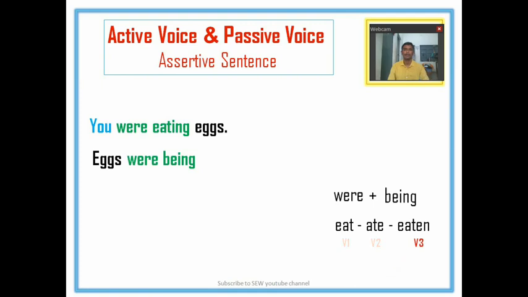So the V3 form is eaten. Next, the preposition by should be written. So by. Next, what is the subject here? You is the subject, and the object pronoun of you is you only. So you. So eggs were being eaten by you is the passive form of you were eating eggs.